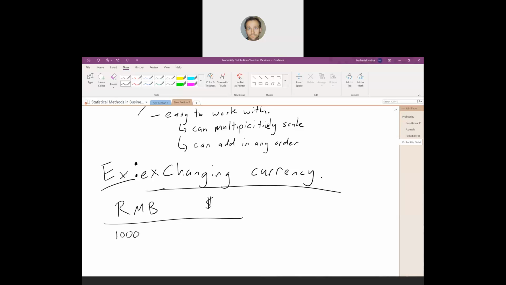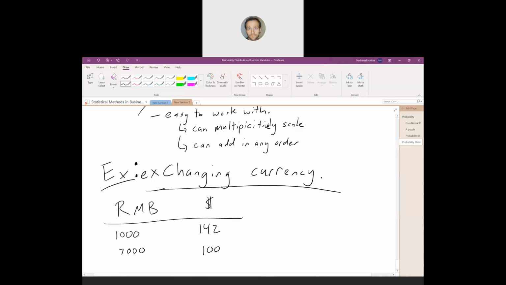About $142. Okay. And if you have $100, how many renminbi do you have? About 7,000.